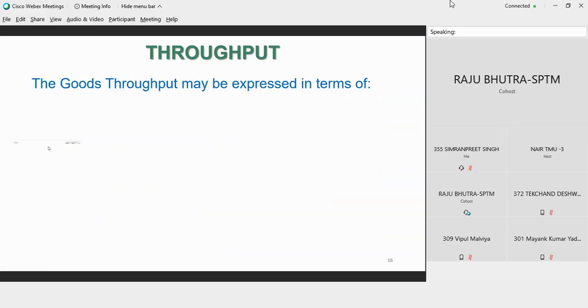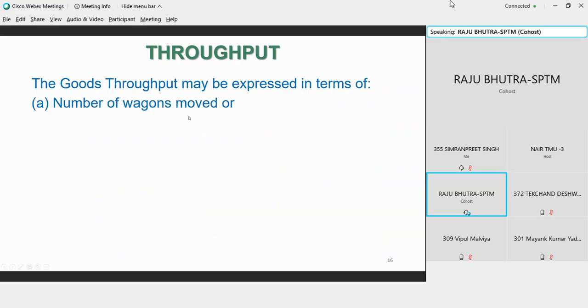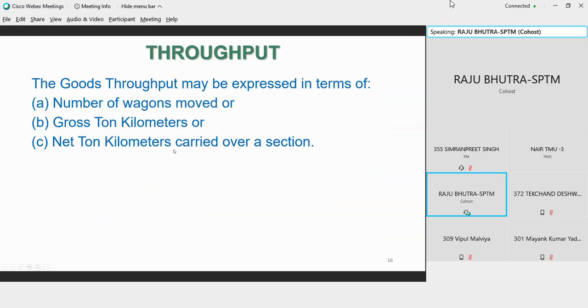The goods throughput may be expressed in terms of number of wagons moved, or gross ton kilometers, or net ton kilometers carried over a section. Either we can have the number of wagons moved, wagons may be empty or loaded, both conditions may be there. Then gross ton kilometer.